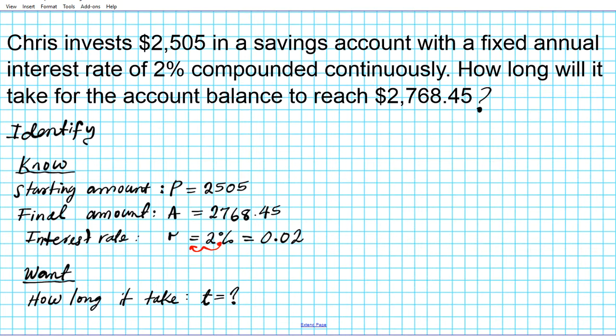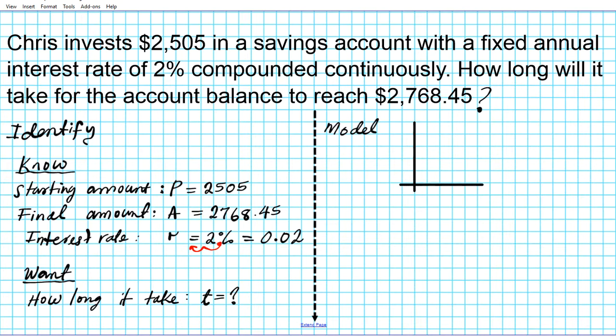Now let's move on to the next part. Let's model the situation, which I'm just going to give you a visual of the scenario. So we're going to use a graphical model here. Okay. Now what we have is an exponential function that's growing continuously. So let's make a sketch.